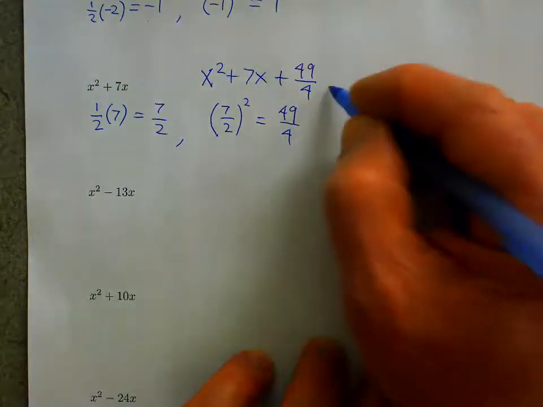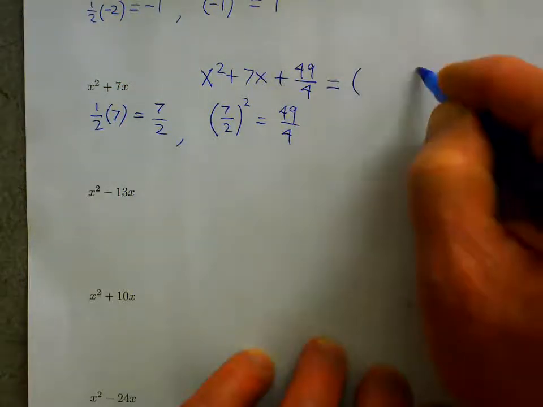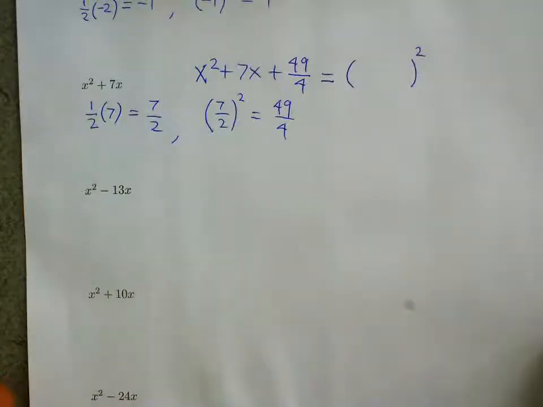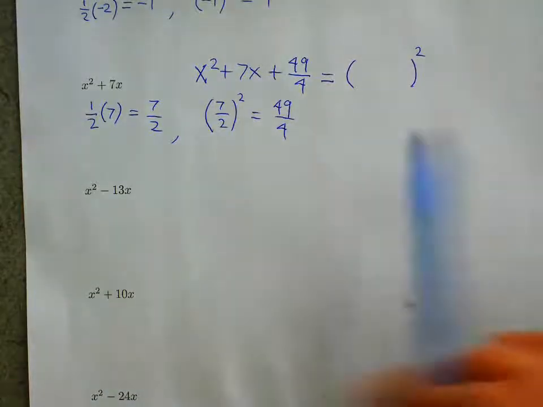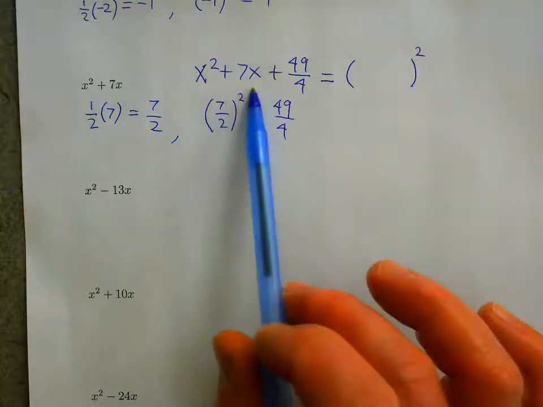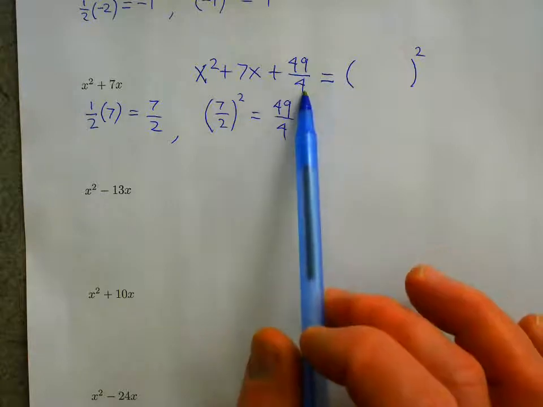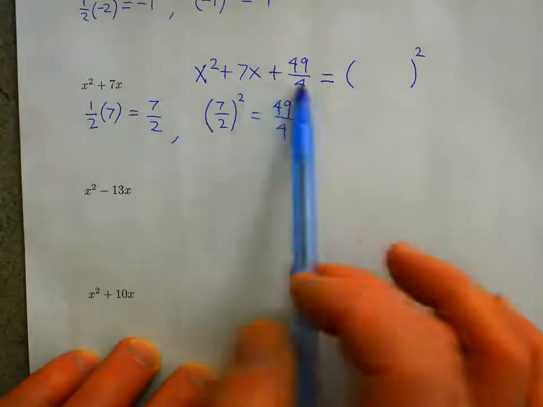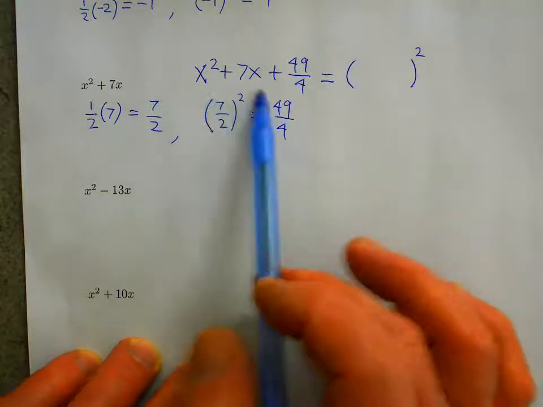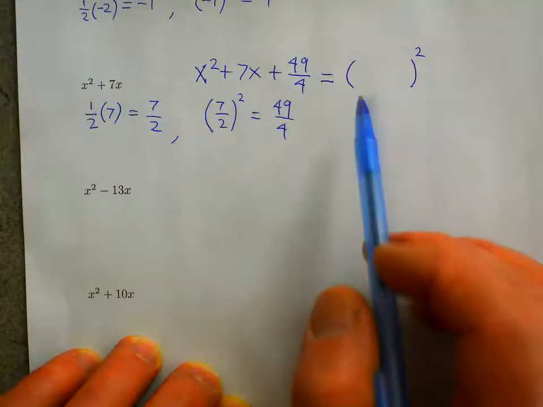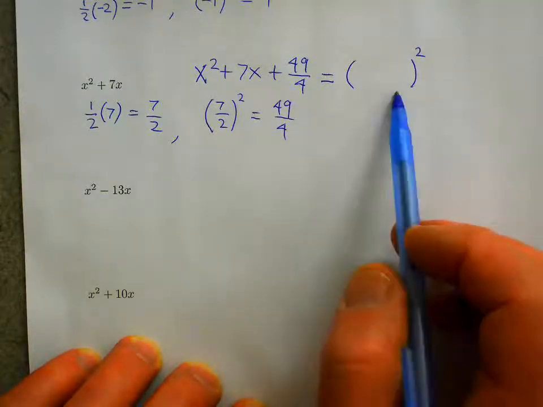So that means it's equal to some binomial squared. So to determine what binomial we square to get x squared plus 7x plus 49/4, well, you can just factor it using methods of factoring. But since we created a perfect square trinomial, we can use a different method to find the binomial.